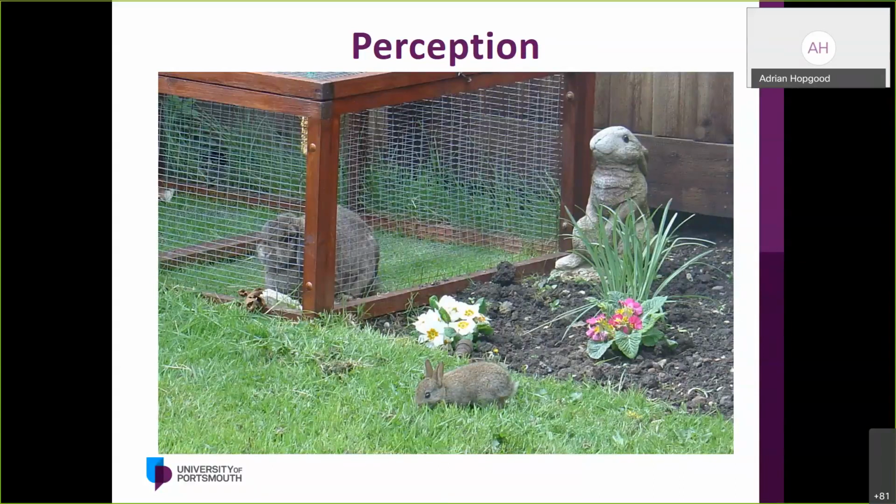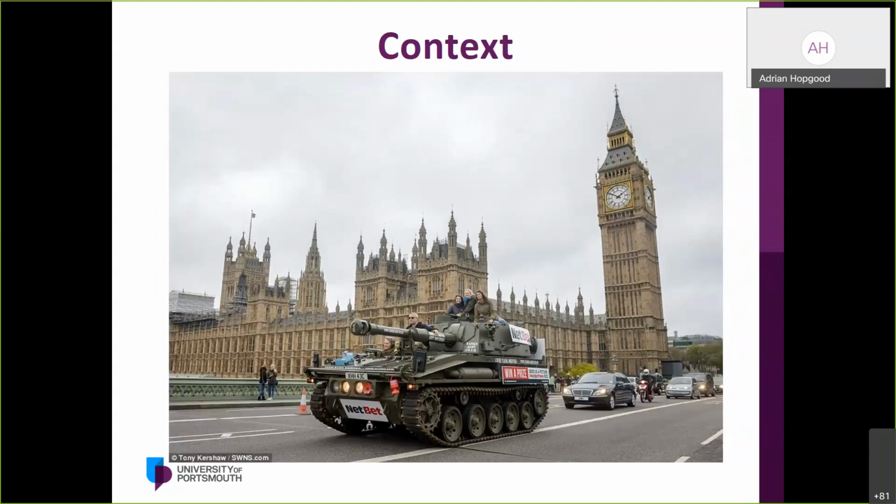That's why I captured the moment with my camera. But those three rabbits are in different orientations, different sizes. The pet rabbit is partially obscured. You've got some other things going on there. You've got a few flowers in the image. Quite a lot for a computer system to recognize. And not only that, you've got issues of context. So here's an image which features a tank, but it's not a tank in any kind of military threatening context.